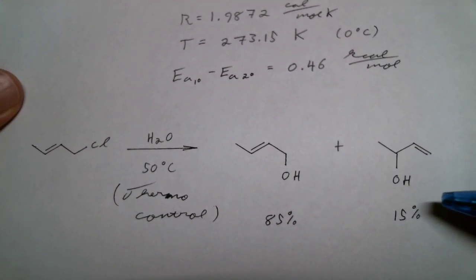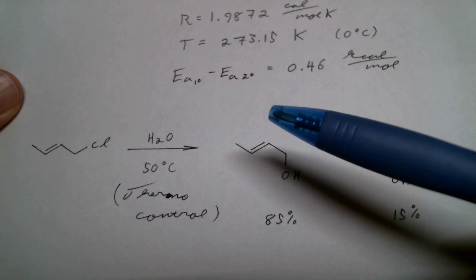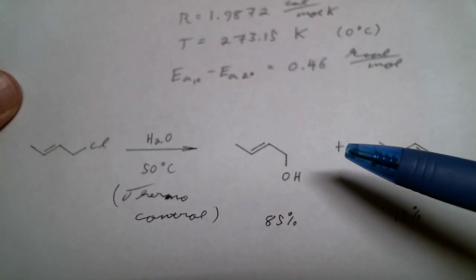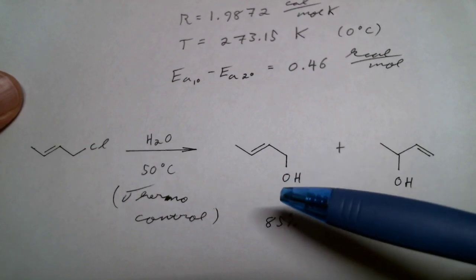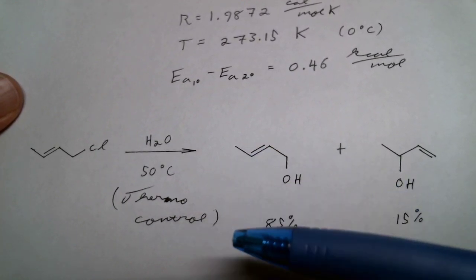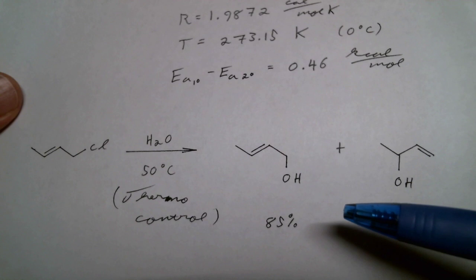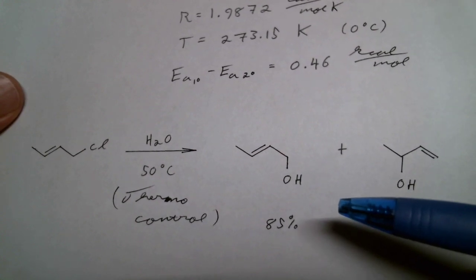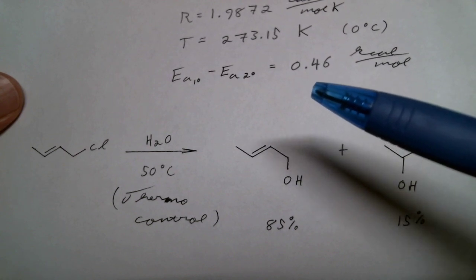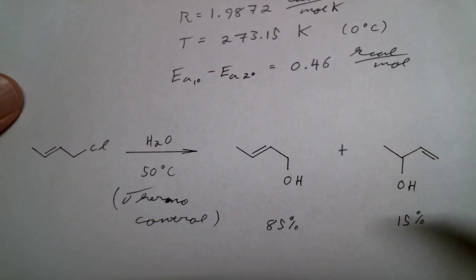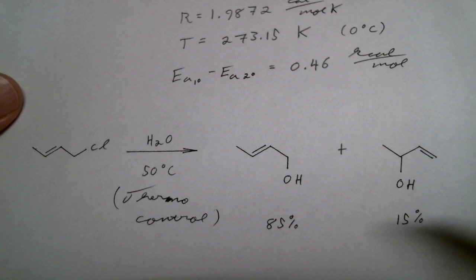Reactions done at high temperatures typically favor thermodynamic control if you have competing pathways, particularly ones with such small differences in activation energy. So I hope that helps wrap your mind around these kinetic versus thermodynamic control of reactions.